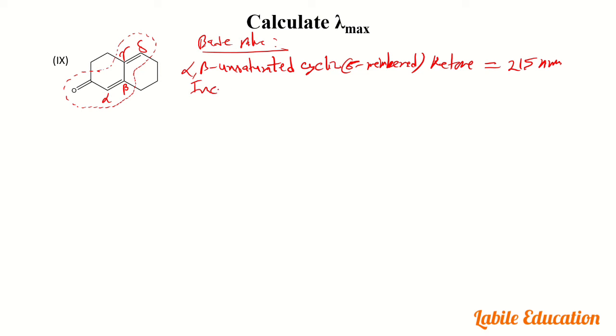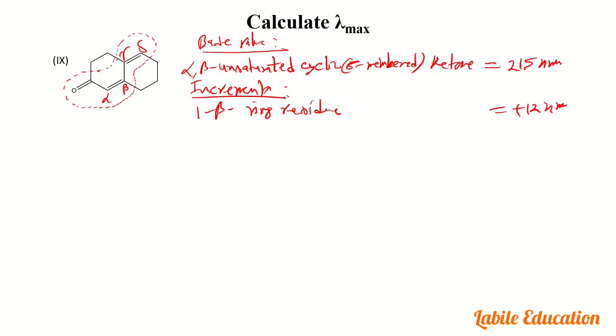And now the increments. You can see this is part of the ketone system. At alpha there is nothing. At beta, this bond will be part of the conjugated system, so only this is the extra bond. So at the beta position there is one beta ring residue, it will contribute 12 nanometer.